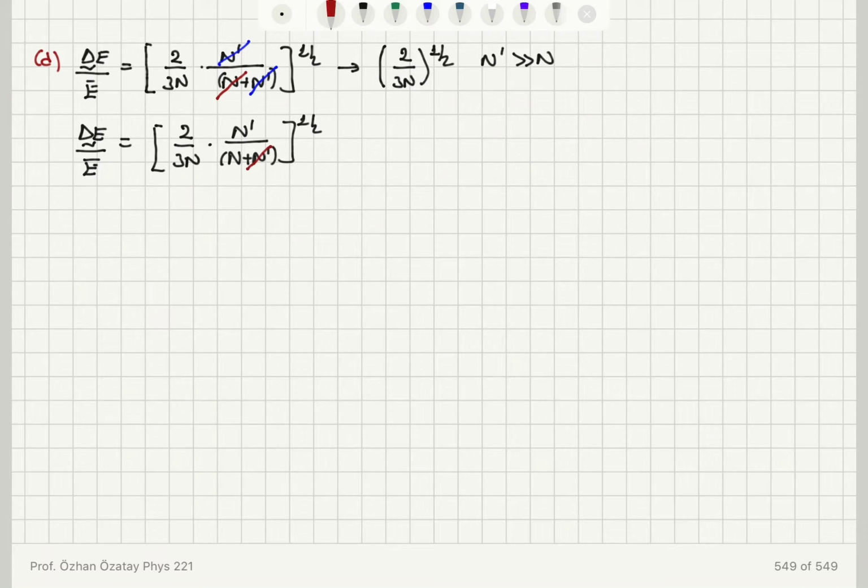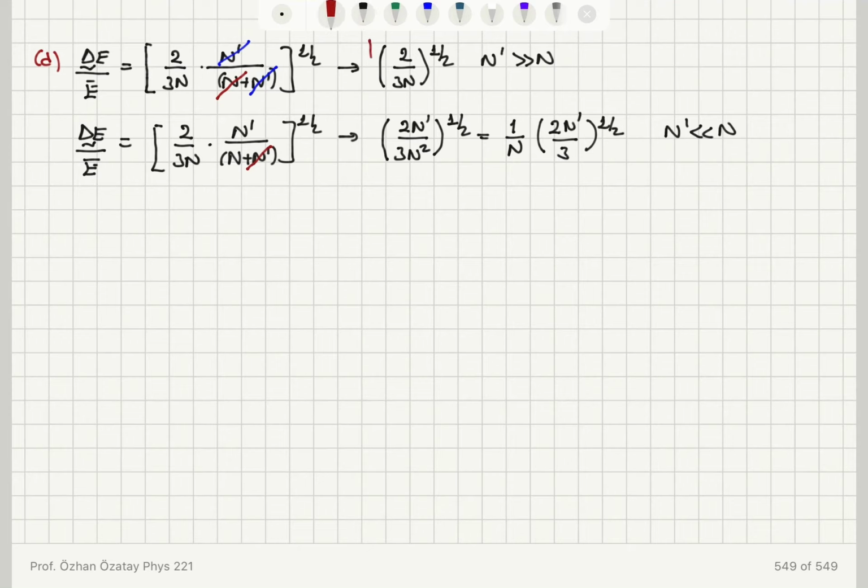So I will be left with an n here. So this is going to become 2n prime divided by 3 capital N square to the power 1/2, which is 1 over capital N, 2n prime over 3 to the power 1/2, in the limit n prime much less than n.